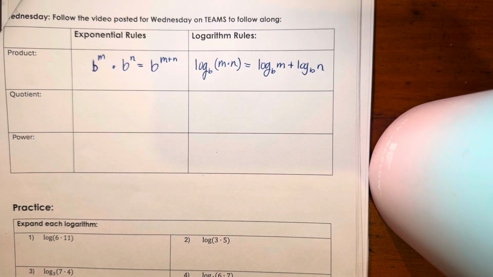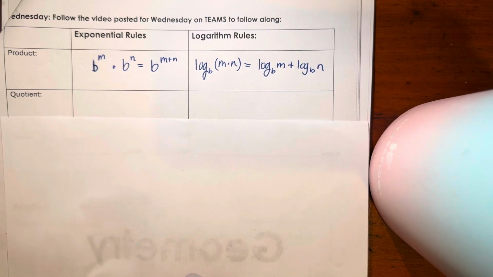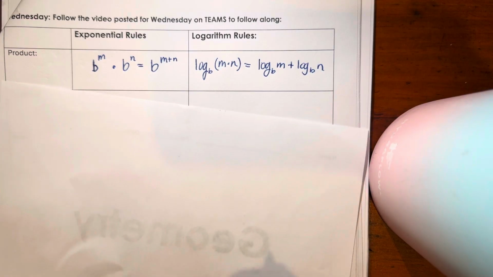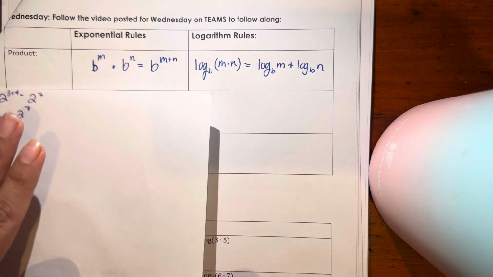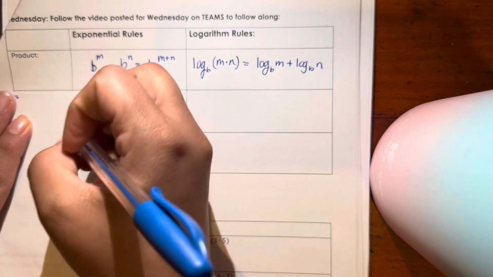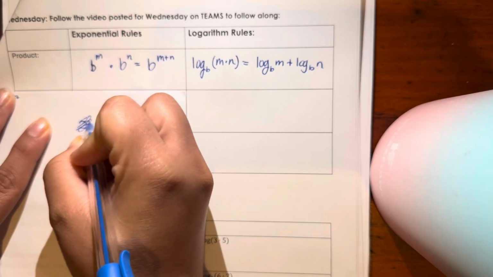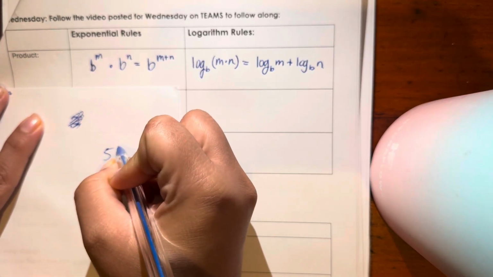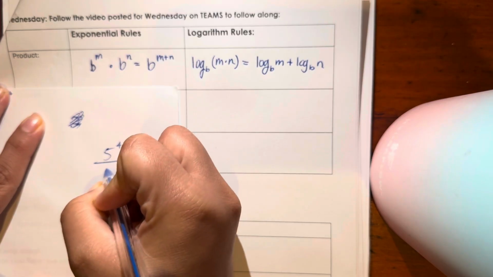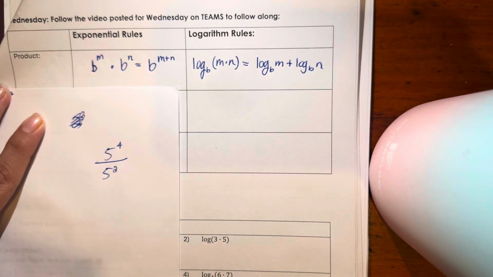Okay, next one, quotient rule. The quotient rule is division. So for exponents, let's do another example. 5 to the fourth power divided by 5 to the second power.